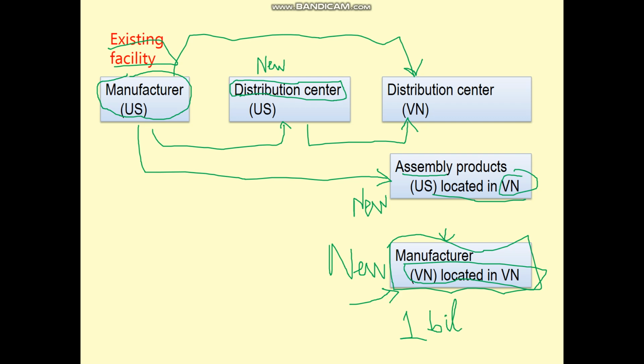So how many products this factory have to produce, so that they can cover 1 billion USD that they already spent on this new facility.